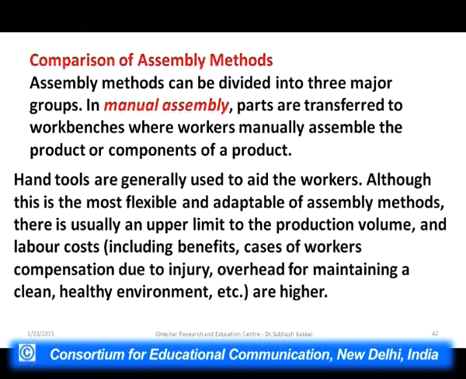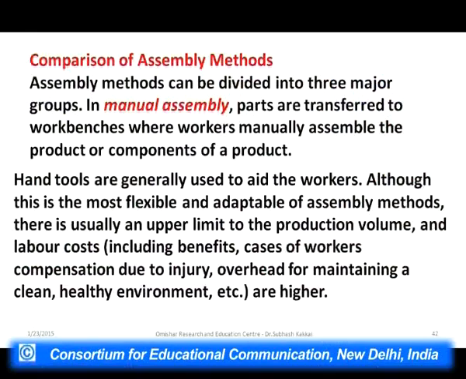All the tools to be used for assembling work are placed at nearby locations, and the sequence of assembly operations is carried out manually, and this is called the manual assembly procedure. Hand tools are generally used to aid the workers in assembling work, and these are available at an approachable distance.